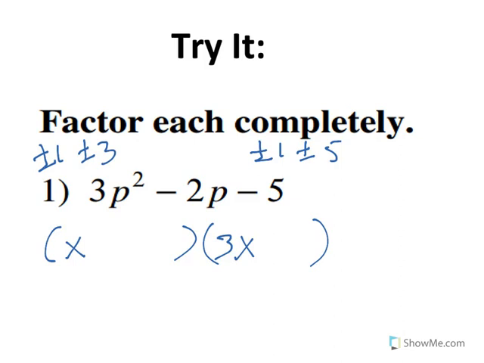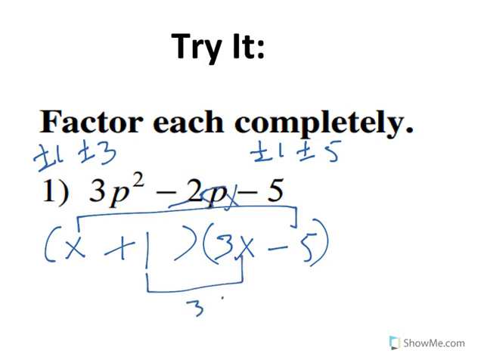We need a negative 5, so we can have a negative 5 and a plus 1. So we can check our work. This gives us a negative 5x, and this gives us a 3x. The sum of these two is negative 2x. So the factorization of this expression is x plus 1 and 3x minus 5.